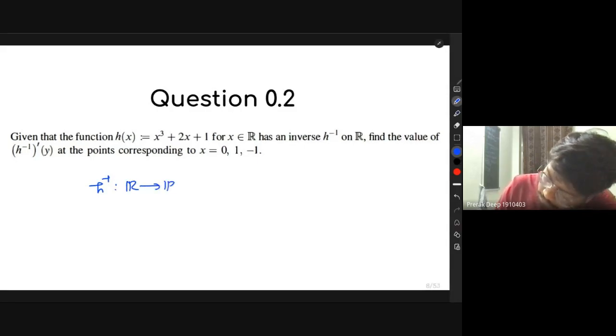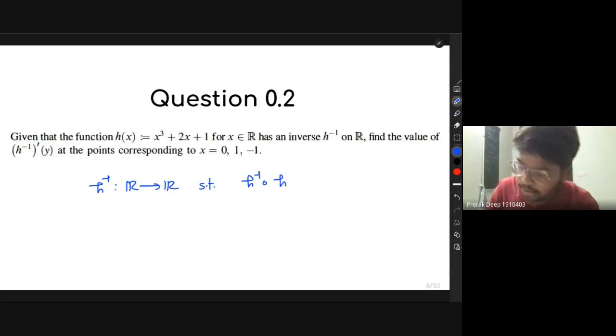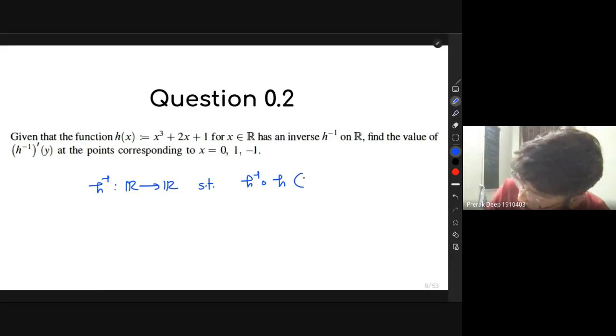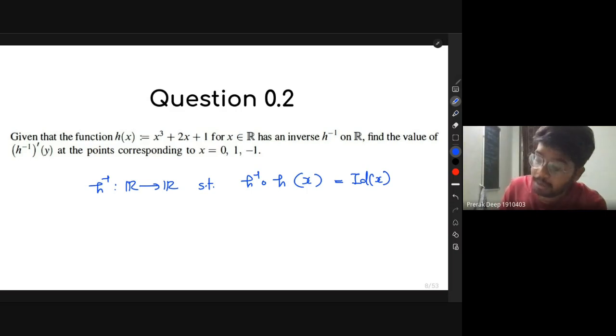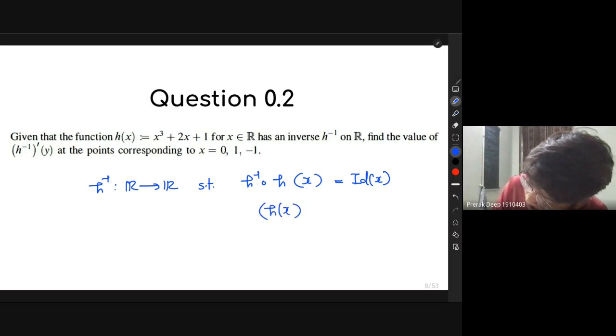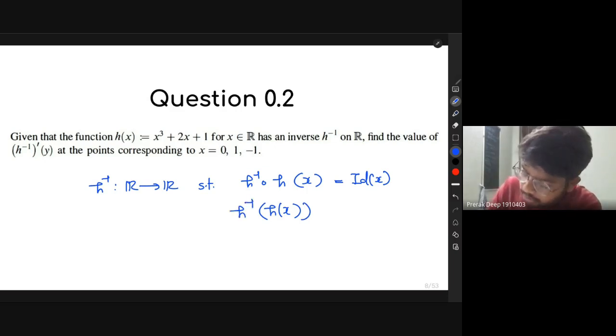H inverse is a function from R to R such that if you compose it with h, you must get the identity function on x. What do we mean by that? We mean that hx, if you compose it with h inverse of this, then the answer will be x only.